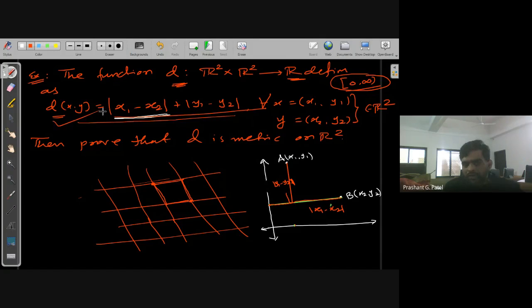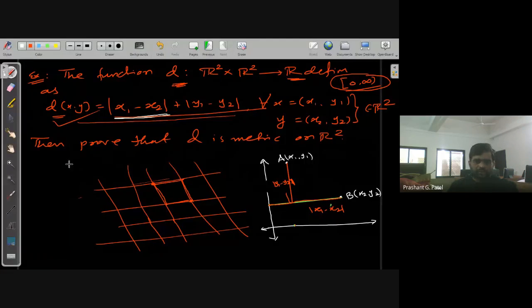So this is the way this distance is defined. If you want to measure the distance between these two, then this is the distance, not this diagonal one. It always goes through that point.